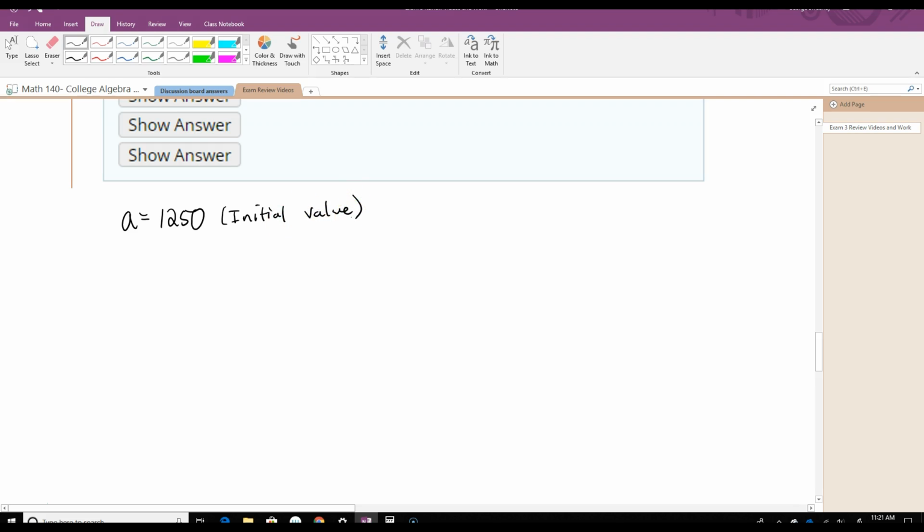Because this is something where we're either increasing or decreasing in value by a set percentage every single year, my b is going to equal, in this case, we'll start at 100%, and then it's going to lose value, so it's going to subtract 0.13. This is the percentage lost as a decimal.